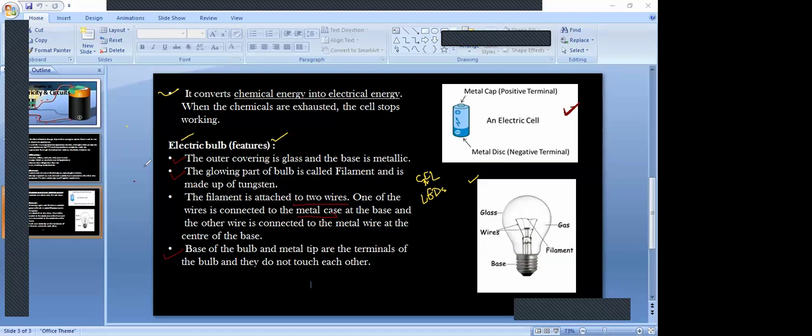Ma'am, now I mean to draw the battery also. Yeah, you can.